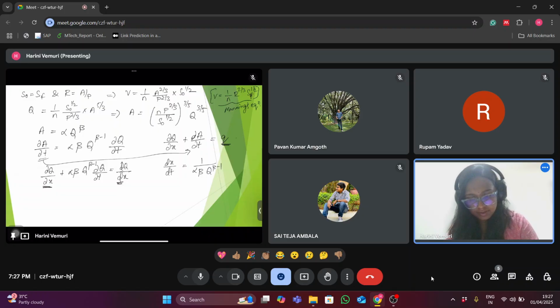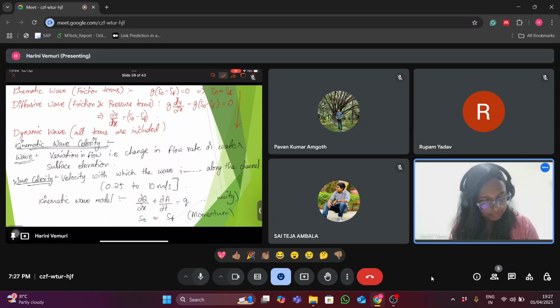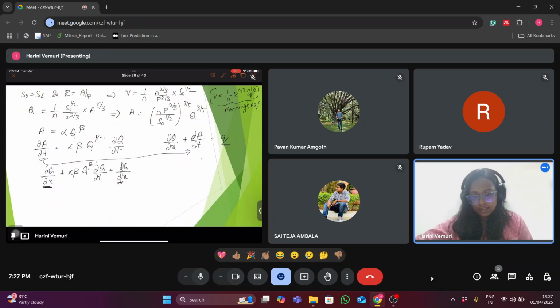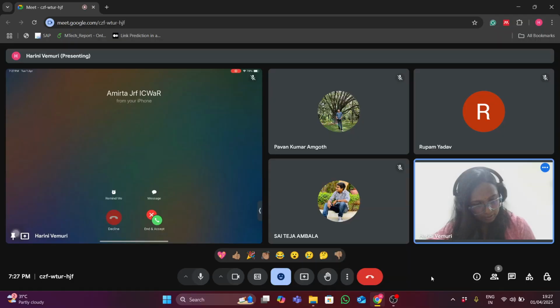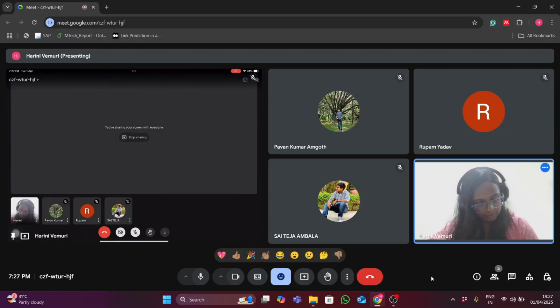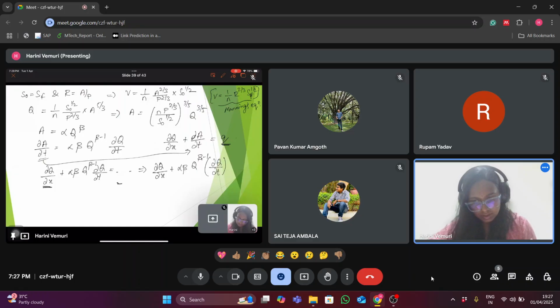Oh, sorry, I think I skipped a step. Let me write it down. So we can write this as dou Q by dou x plus alpha beta into Q power beta minus 1 dou Q by dou t equal to q.